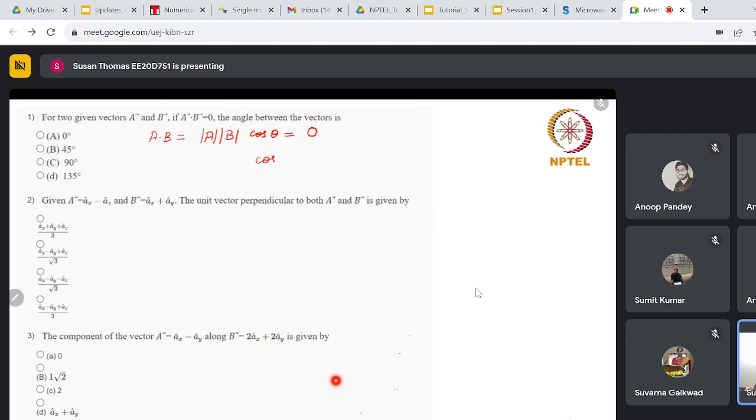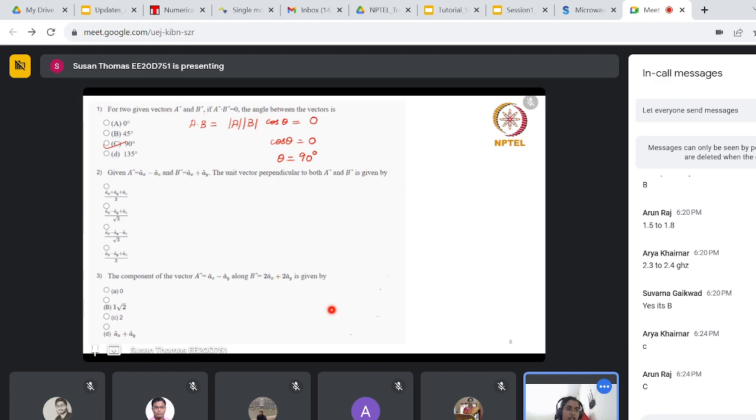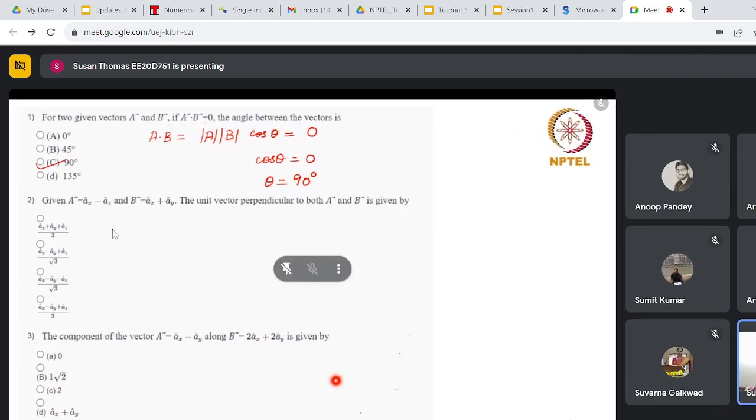So cos theta has to be 0, which means theta is 90 degrees. So the angle between the vectors is 90 degrees. I don't need to explain more, but if there are any confusions, please do ask in the chat. Otherwise, I'll move to the second question.